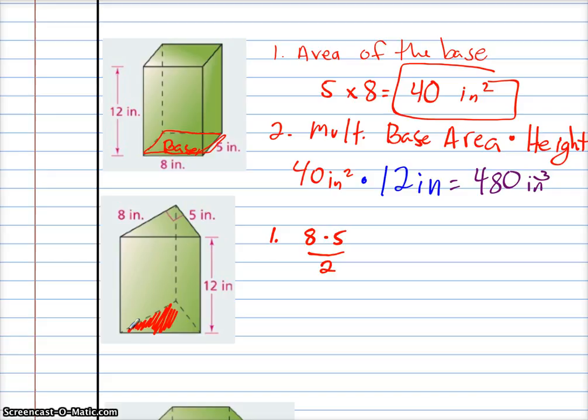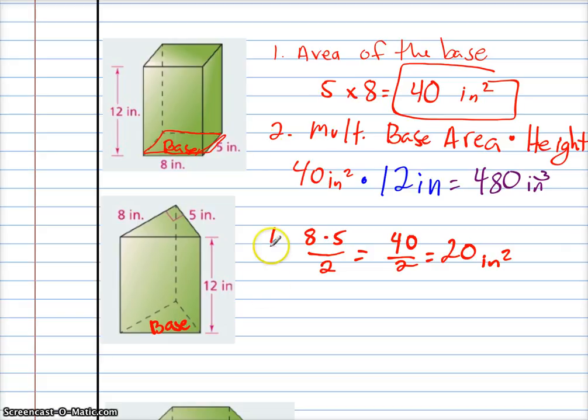So my base down here, this is my base, is equal to 8 times 5, which is 40, divided by 2 equals 20 inches squared. That's my area of my base. That's step 1.